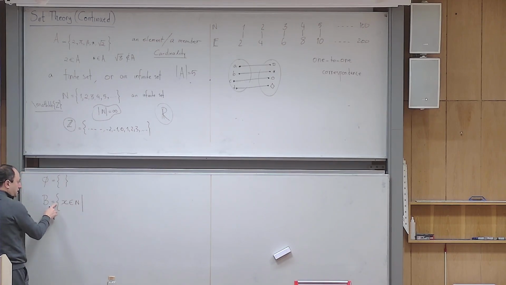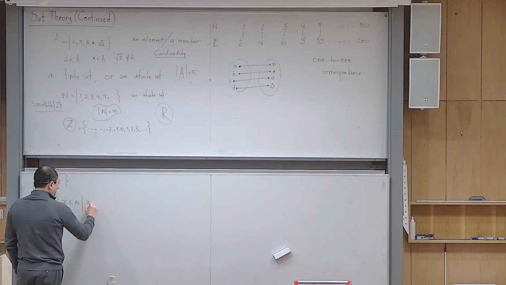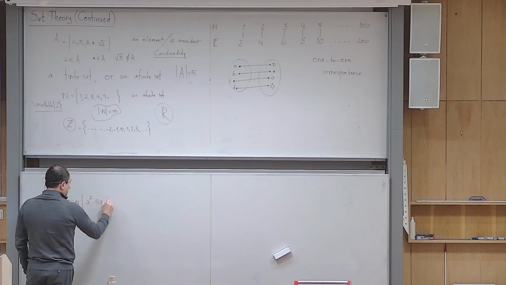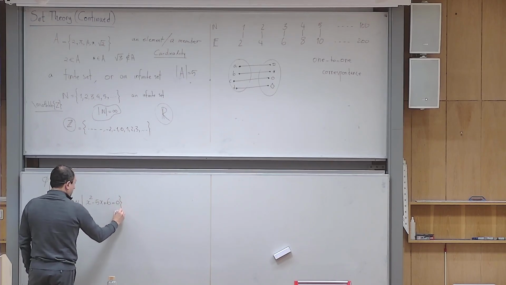So this is the set consisting of x's which belong to the set N, such that, for example, x squared minus 5x plus 6 equals 0.